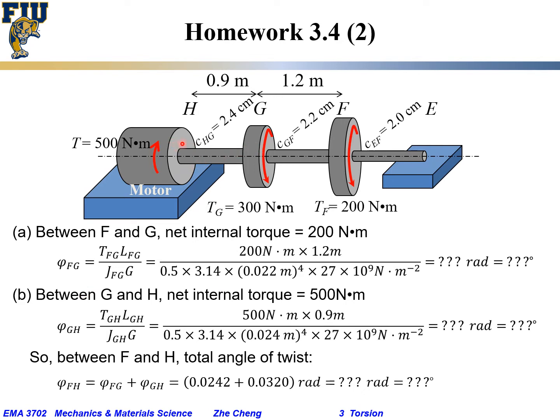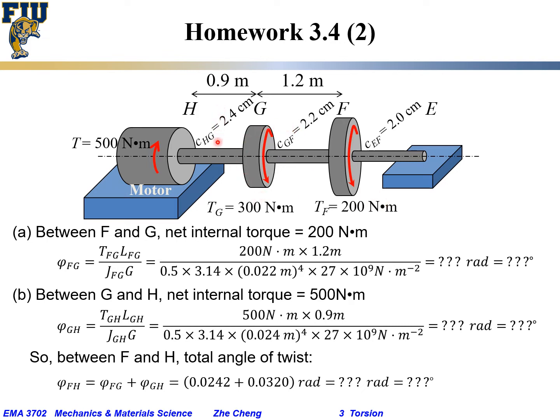Similarly, between G and H. If we make the arbitrary cut here, looking from the left, we have 500 goes one way. You must have a 500 going the other way to counteract this one. On the other hand, if we make the cut and look from the right-hand side, yes, 200 goes one way, 300 goes one way, combined 500 goes one way.